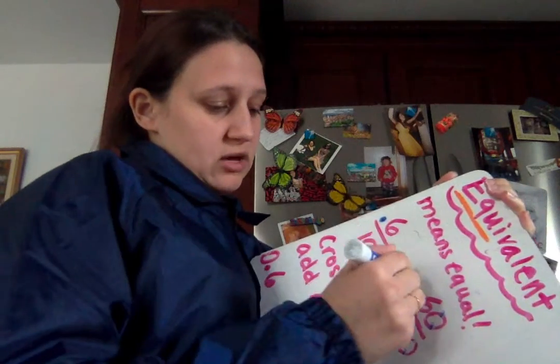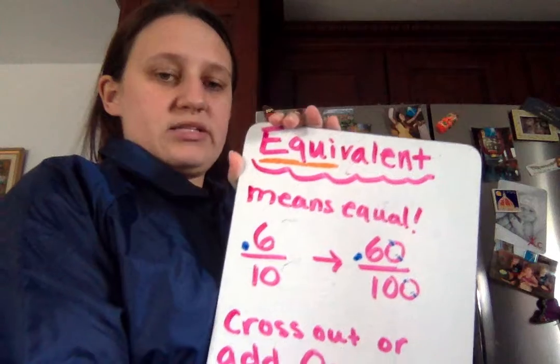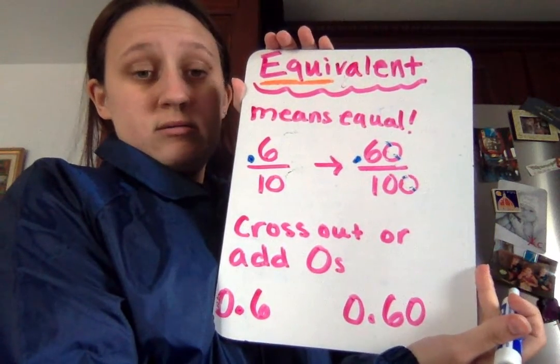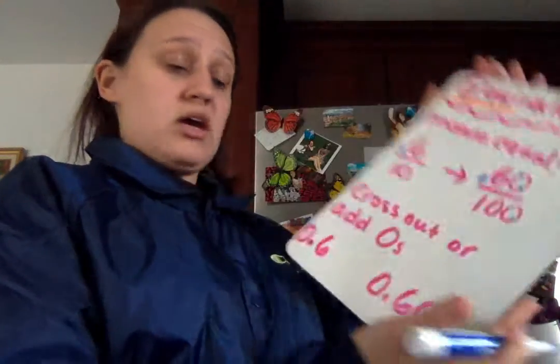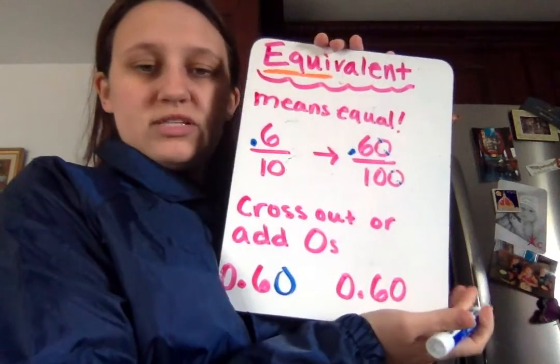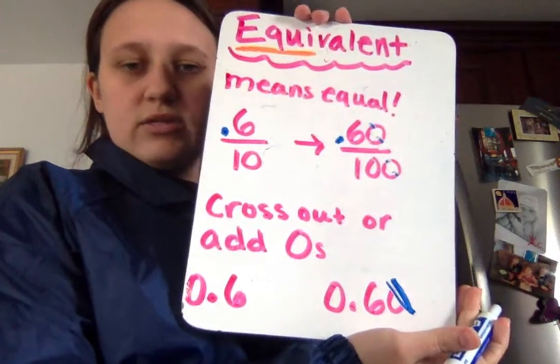And we do the same thing with 60 over 100. We put the decimal right before the 6, add a 0 in the front, and it becomes 0.60. But if I just add a 0, all of a sudden they're the same. If I take away a 0, all of a sudden they're the same.